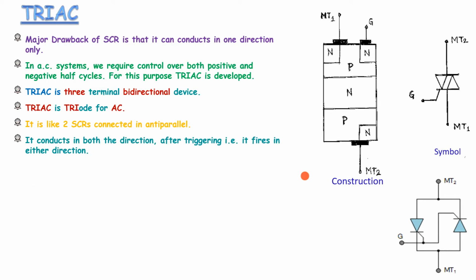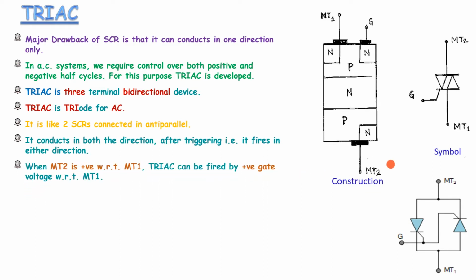How does the TRIAC work? During the positive half cycle, when MT2 is positive with respect to MT1, we have to apply a positive gate pulse with respect to MT1. So it begins its conduction when the gate is applied with a positive gate pulse.